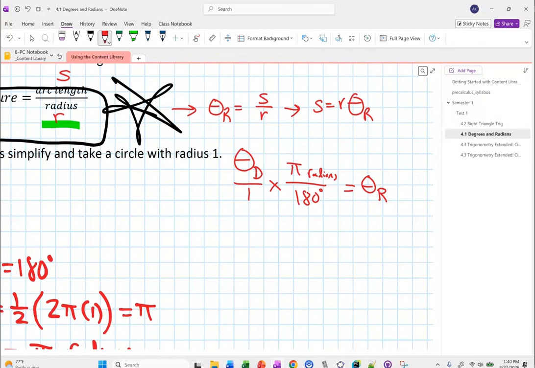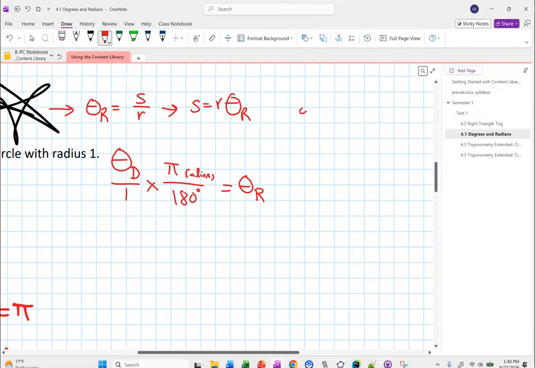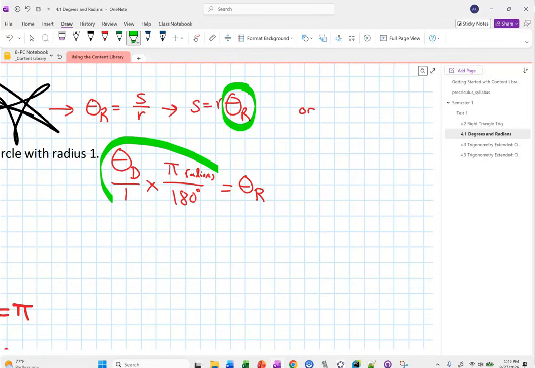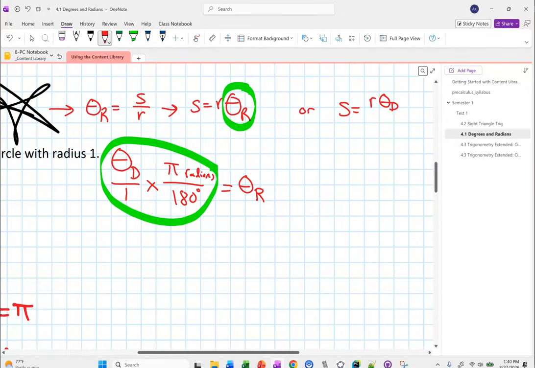Everybody's okay with that? So as an alternative to this formula then, I can take the angle measure in radians and write it as an angle measure in degrees, provided that I multiply by that conversion factor. So as a separate formula that'll accomplish the same thing, I could write that.